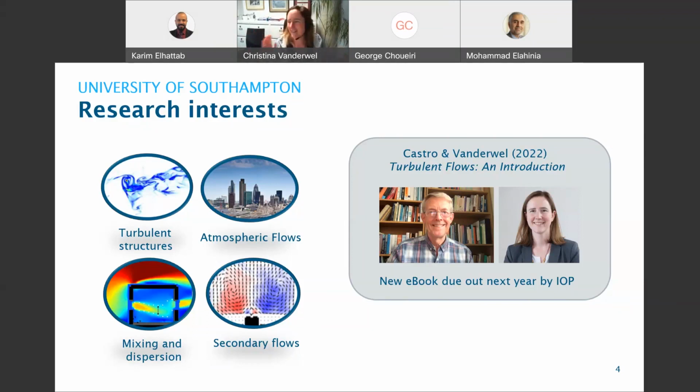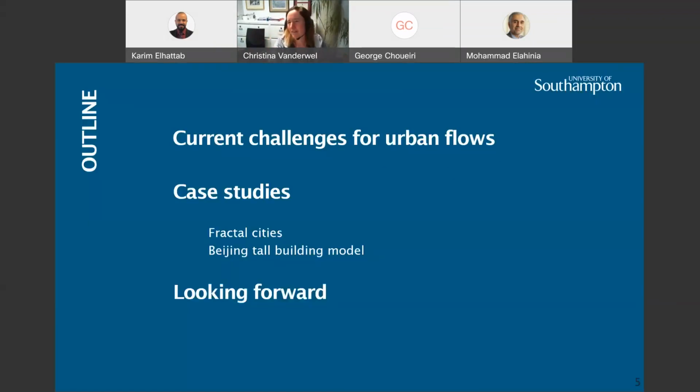Okay, moving on, I will now start talking about atmospheric flows and how we study them at Southampton. And here's the outline for my talk today. I thought I would start by talking about the current challenges in urban flows, so why I'm studying them at all. I'll then talk about two specific case studies that I've worked on at Southampton.